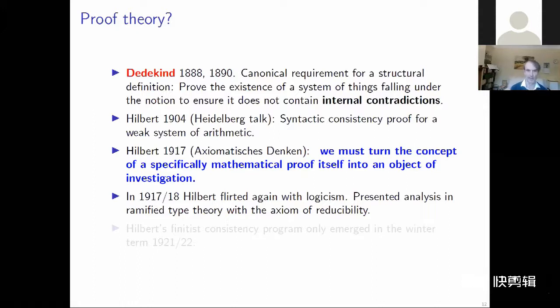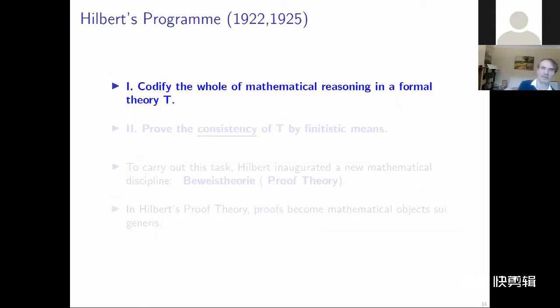And then the finitist consistency program emerged a few years later. And, well, as you know, Hilbert's idea was to codify the whole of mathematical reasoning, or maybe a part of it, in a form of theory T, and then prove the consistency of T by finitistic means.